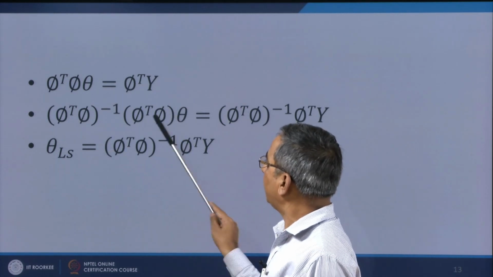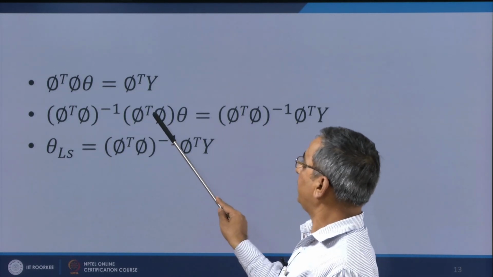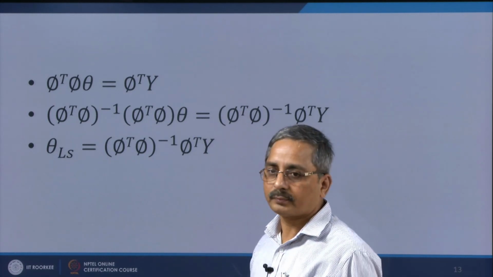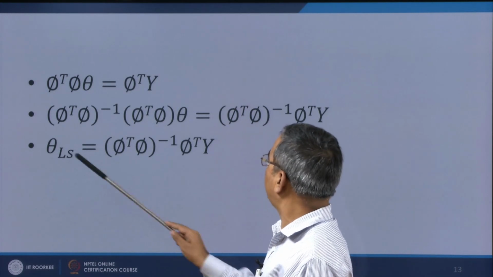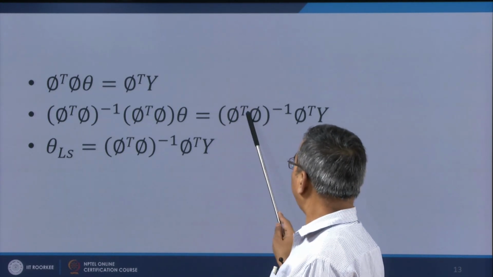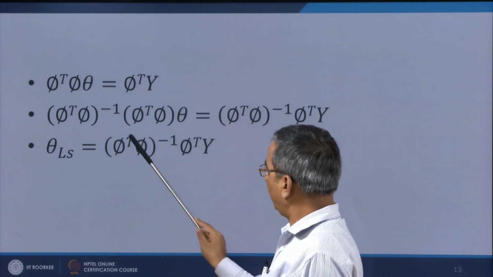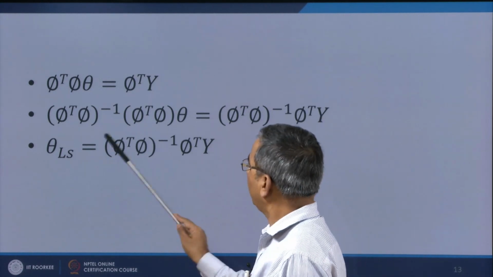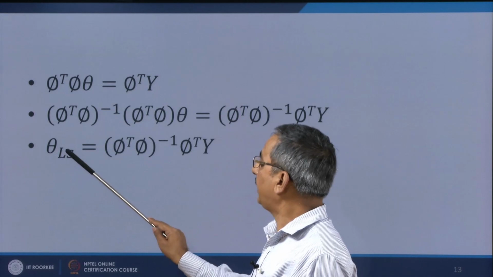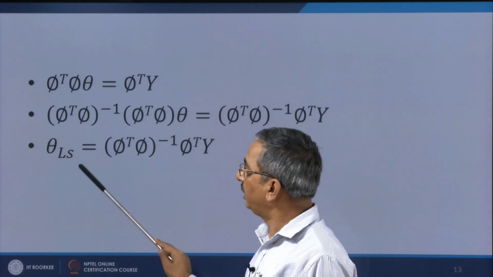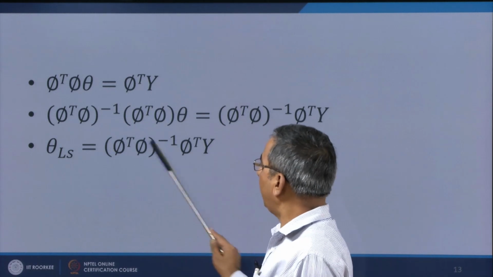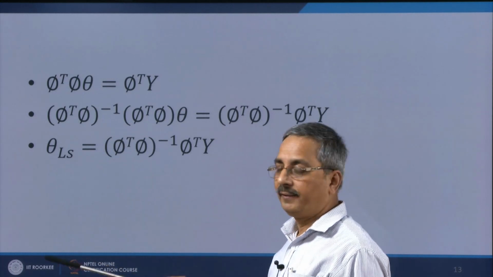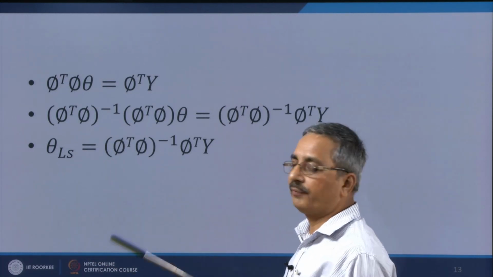So, this multiplication can be replaced by the identity matrix. So, what I will be getting is theta least square. Okay. So, this theta least square value will be (phi transpose phi) inverse into phi transpose y. So, this is what I am going to get. This way we can find this theta LS value, and we can estimate the values of theta.